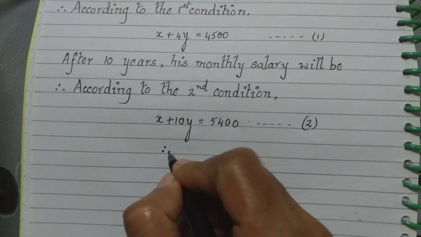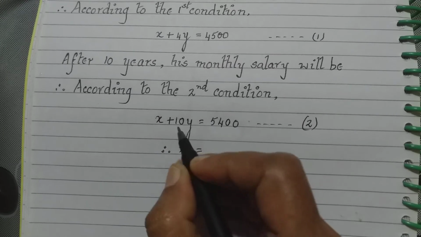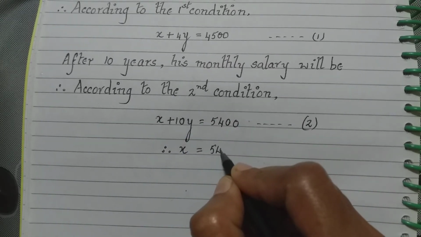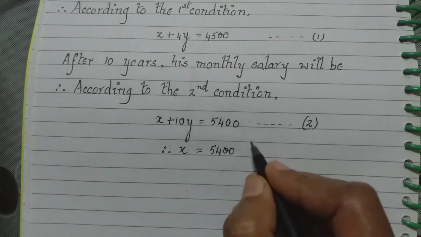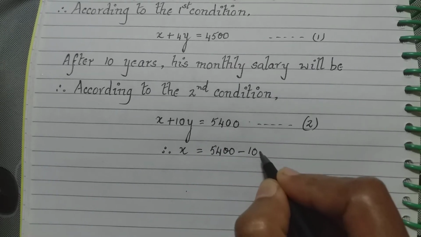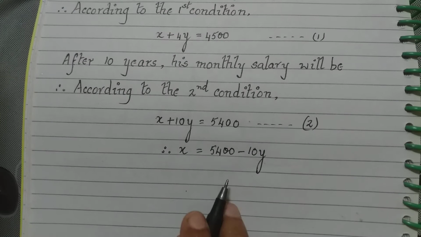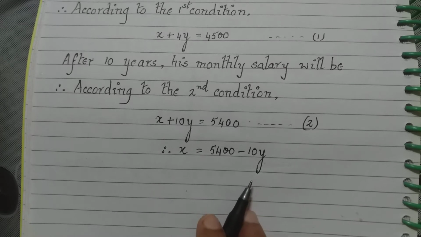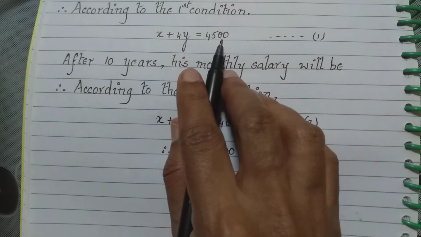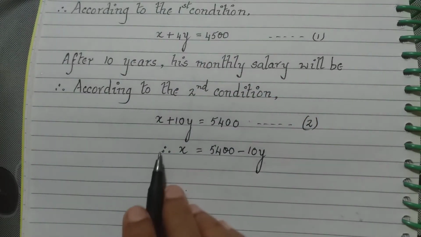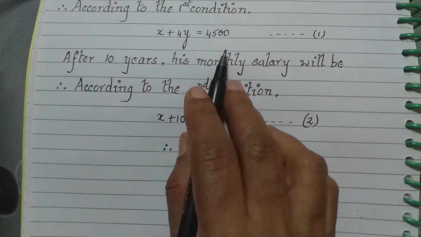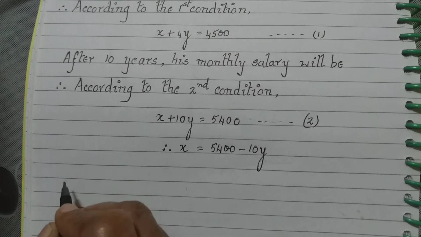Therefore, X is equal to, we have to take 10Y on the other side, so X is equal to 5,400 minus 10Y. Now we can use this value of X in equation 1.